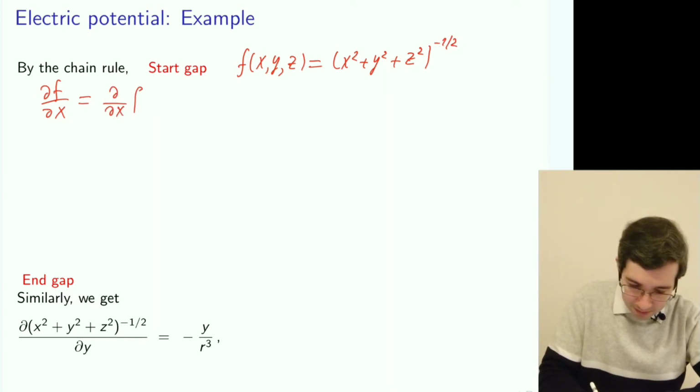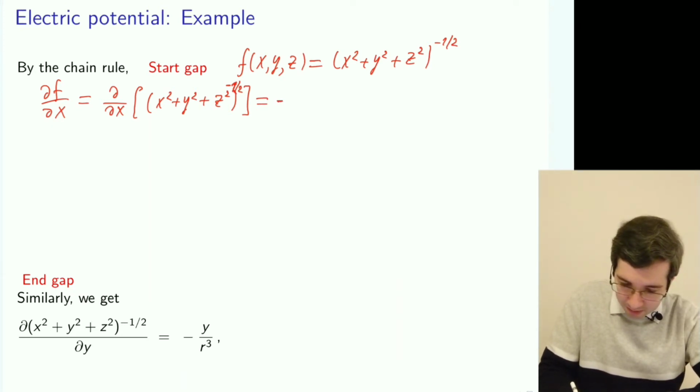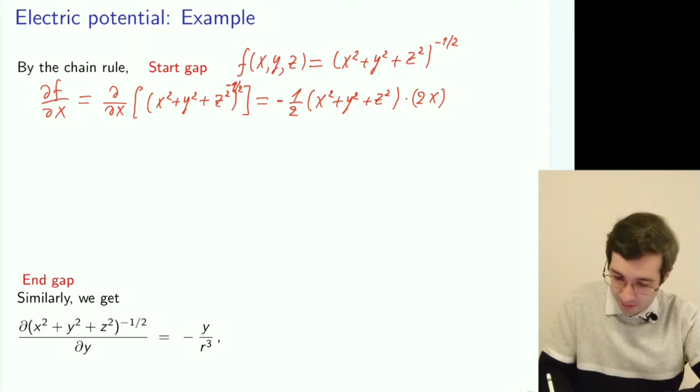That's what will help us here. So we take that expression inside and differentiate it with respect to x. First we'll get minus 1/2 times that expression, and then we get the 2x from the inner part.